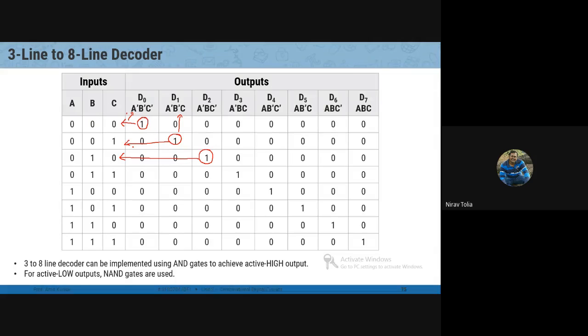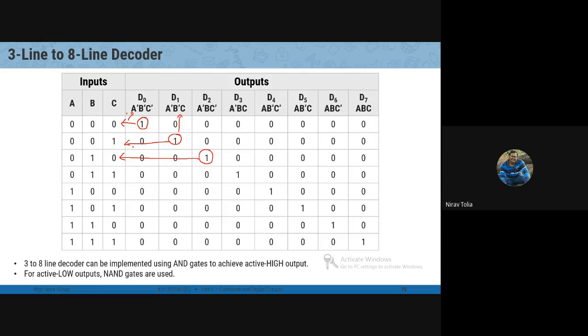So A0, B1, C0. So the equation is A bar, B, C bar.